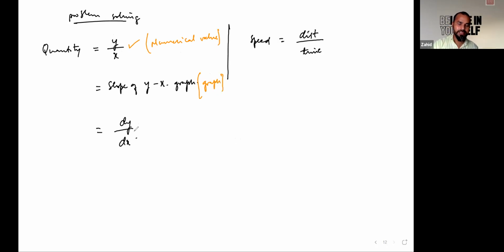And third condition, if y is any variable dependent on x, and we have to calculate quantity q, it will be obtained by just differentiating that particular variable y with respect to x. In this particular question, they have given you y as variable of x or y as a function of x.